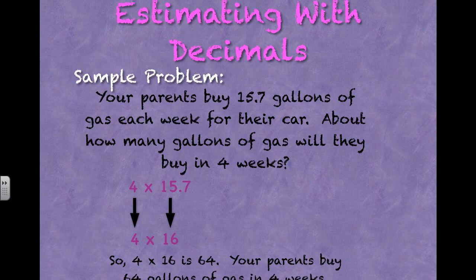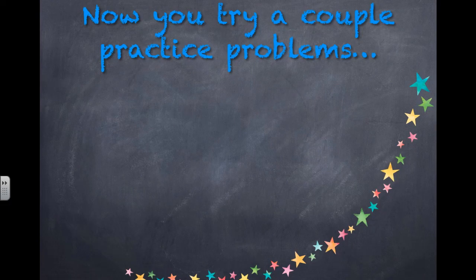So 4 by 16 is 64. Your parents buy 64 gallons of gas in 4 weeks. So now you're going to try a couple practice problems. Here they are. One is rounding money and one is rounding decimals.